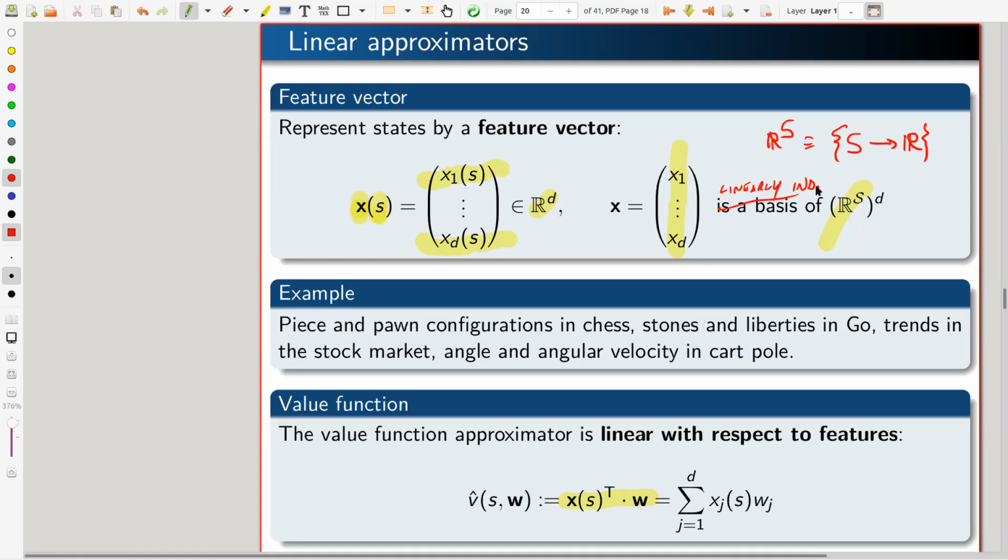And of course, these features, you have to think about them as the quantities that you need to describe the state. I don't know if you played chess several years ago. Actually, these are part of the features used by the Deep Blue software that beat the world chess champion in '97. If you played a little bit of chess 20 years ago, you were using numerical quantities. If you remember, the value of a pawn was 1, the value of a queen was 10, the value of a rook, if I remember well, was 5, that is more than the value of a knight, that was 3, and so on.